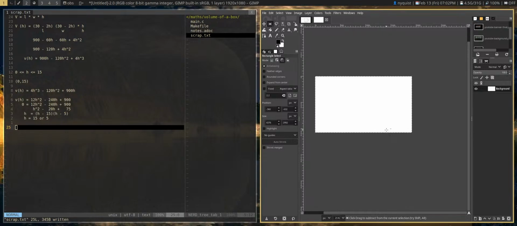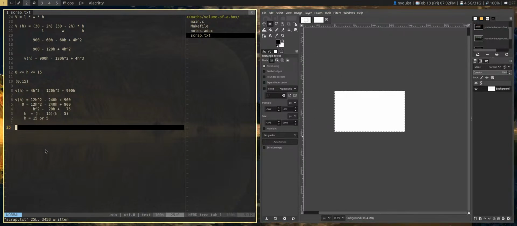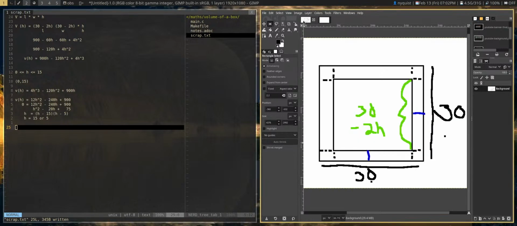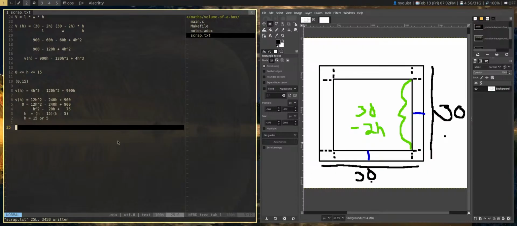Now I don't need to draw anything. We're going to get the endpoints, and then we're also going to solve for the critical number we found. Typically the maximum or minimum doesn't happen at endpoints, but it's still good to check just in case.